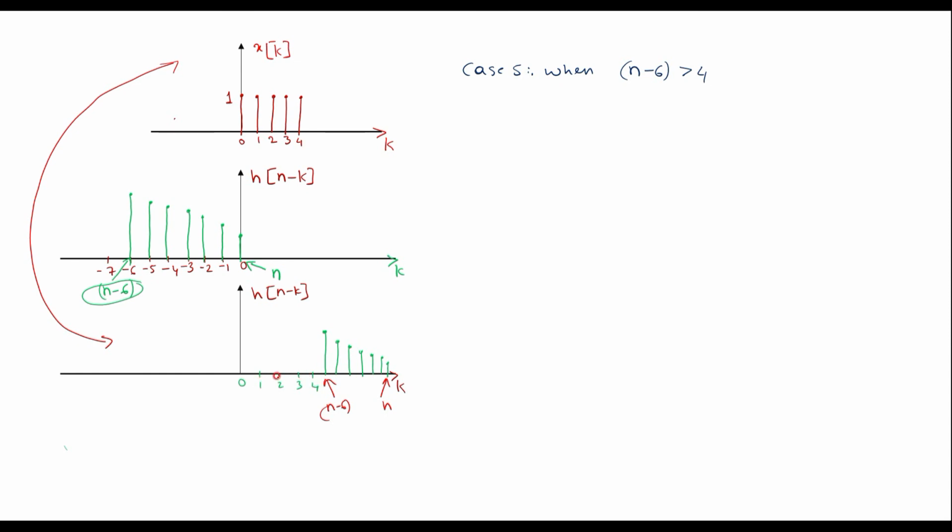So if you perform the convolution by multiplying x of k samples with these values, it will be 0. Therefore we can say y of n is equal to 0 for n minus 6 greater than 4, or n is greater than 10.